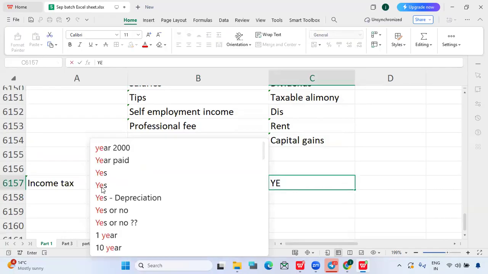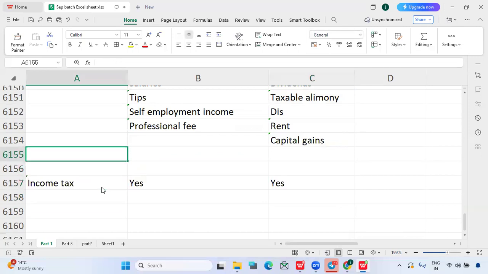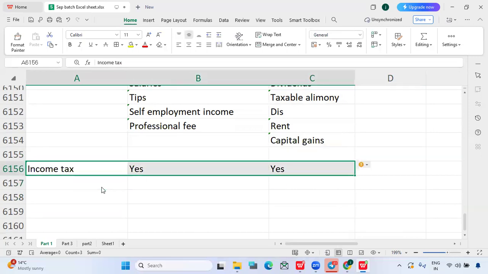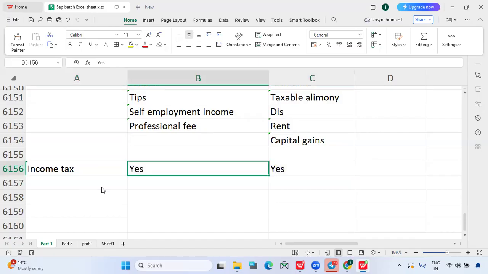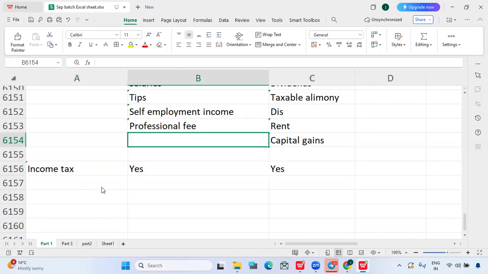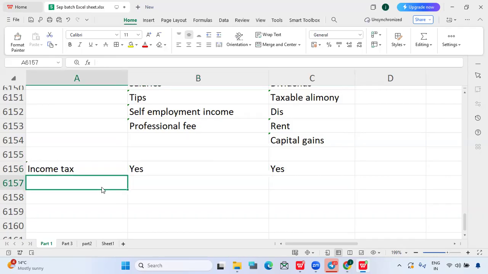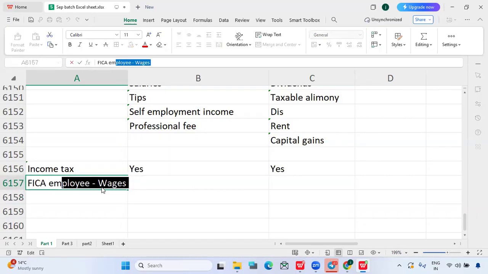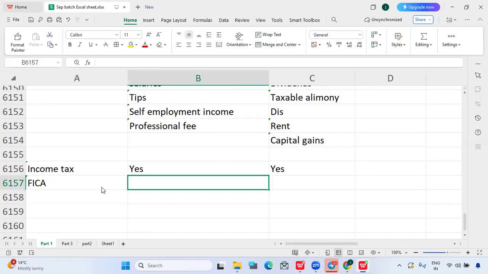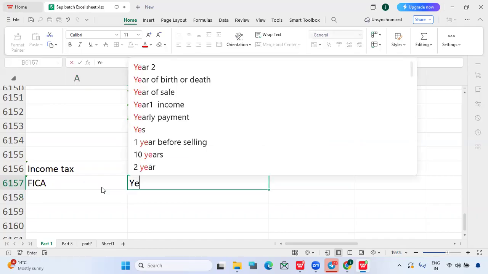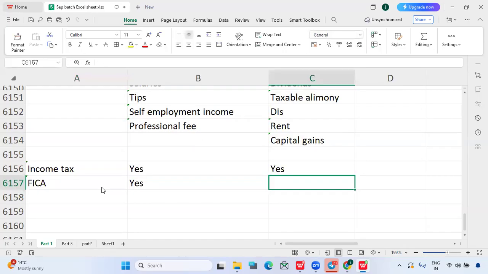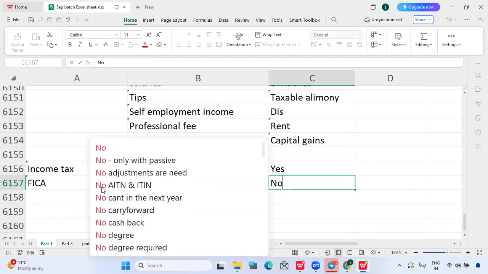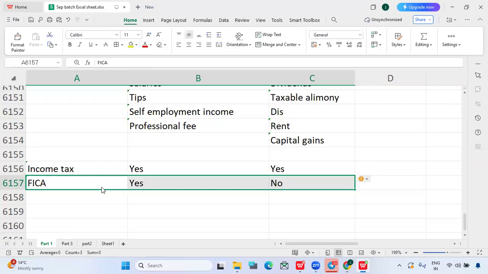But one additional burden applies to persons earning earned income: FICA taxes. Do we need to pay FICA taxes on unearned income? No. FICA taxes apply only to people who are getting earned income.